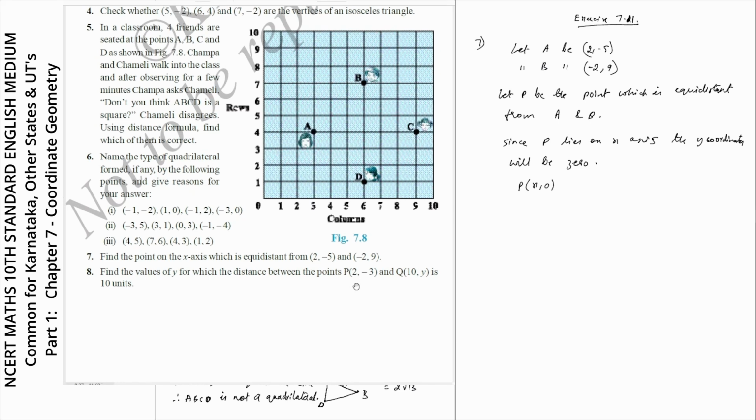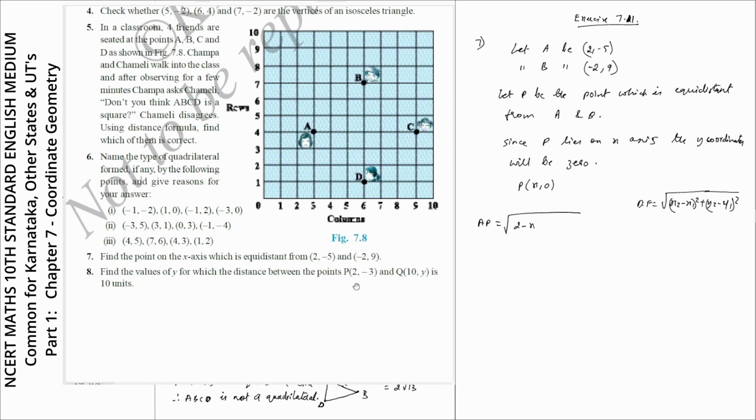Now what is AP? AP is the distance between the point A and P. What is the distance formula? Distance formula is equal to square root of (x2 minus x1) the whole square plus (y2 minus y1) the whole square. Therefore the distance AP is given by, I'll take x2, y2 as 2 and minus 5.